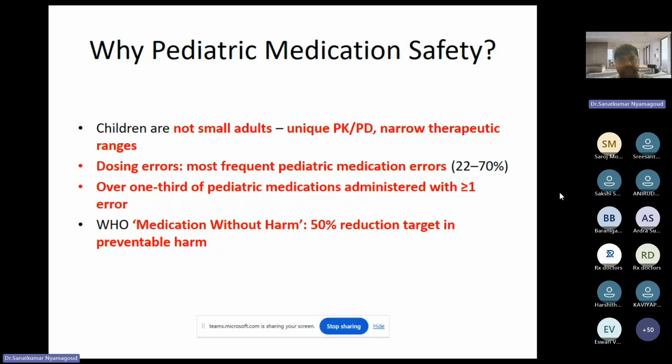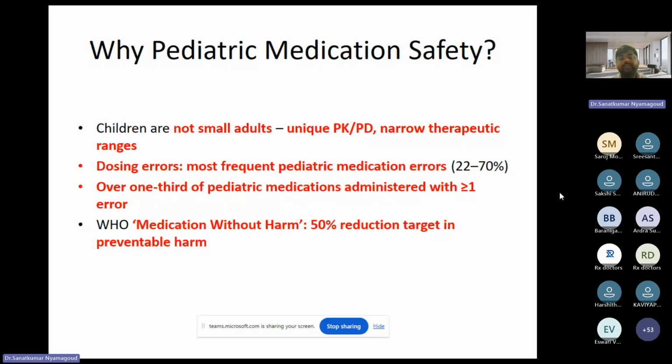When it comes to children, try to understand that they are not small adults. Adults have very good PKPD parameters, where you can use narrow therapeutic index drugs within a particular range. But the same condition does not apply to children. Children are not small adults, hence we should not use the normal dose used in adults.